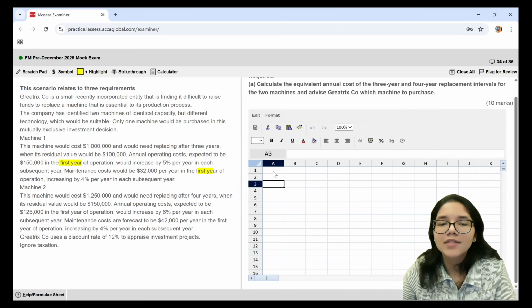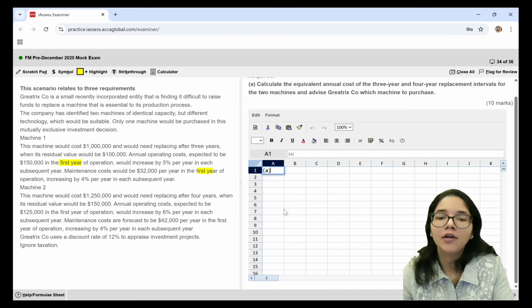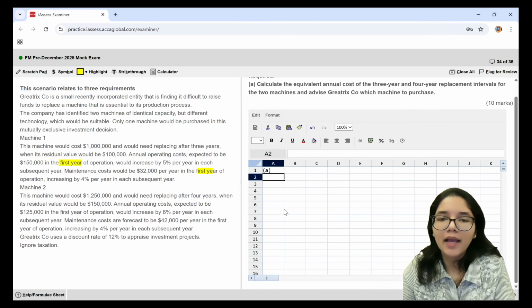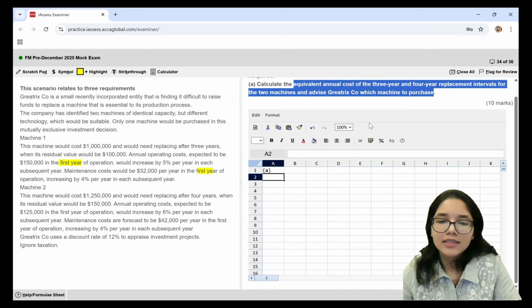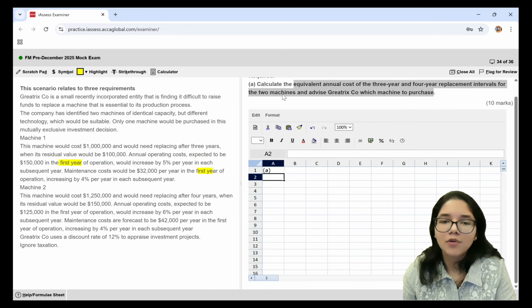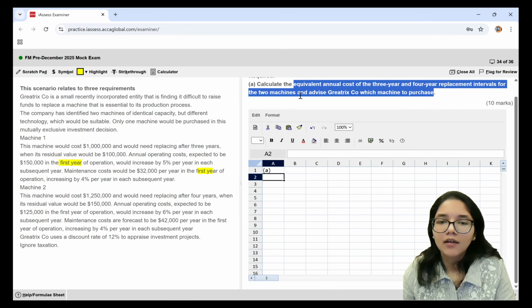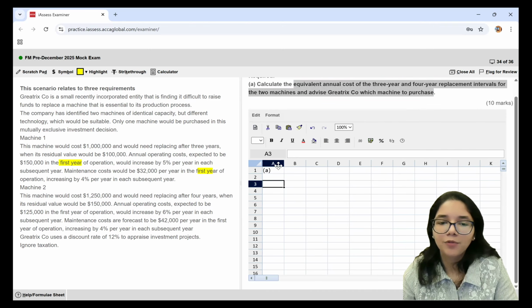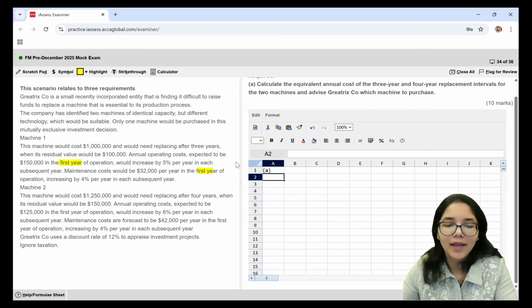So what we can do is we can get started with our format workings. What we are calculating over here is, you can copy paste this portion from here to let the examiner know that this is what we are solving. The copy paste functionality does not seem to work, so we have no option but to type it out.